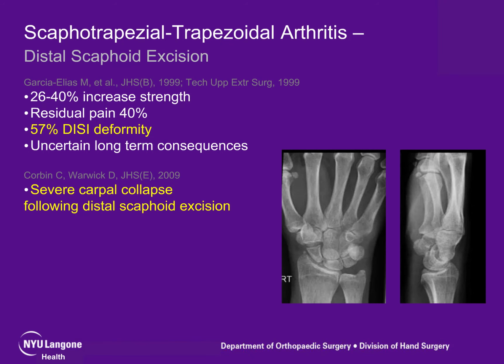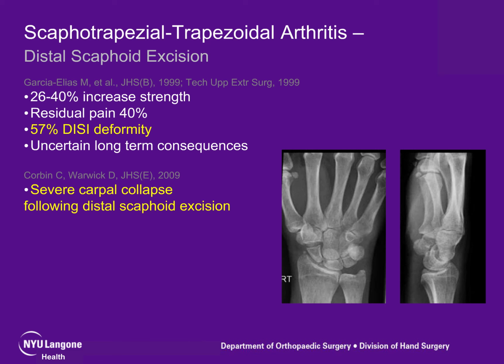I think if we're talking about the DC deformity in the setting of the distal scaphoid excision, the scaphoid is known to link the proximal and distal rows of the carpus, and so just as in the setting of a scapholunate dissociation and rotatory subluxation of the scaphoid, that instability ultimately results in degeneration.